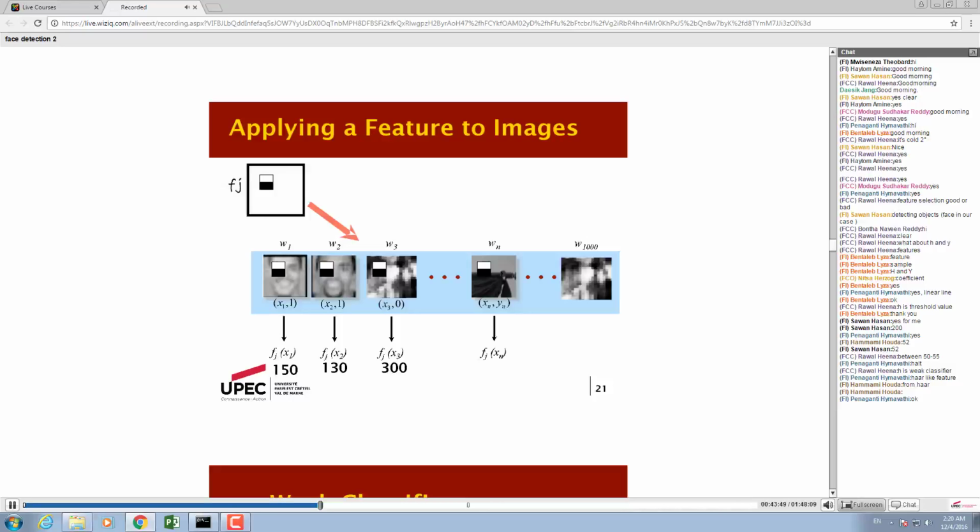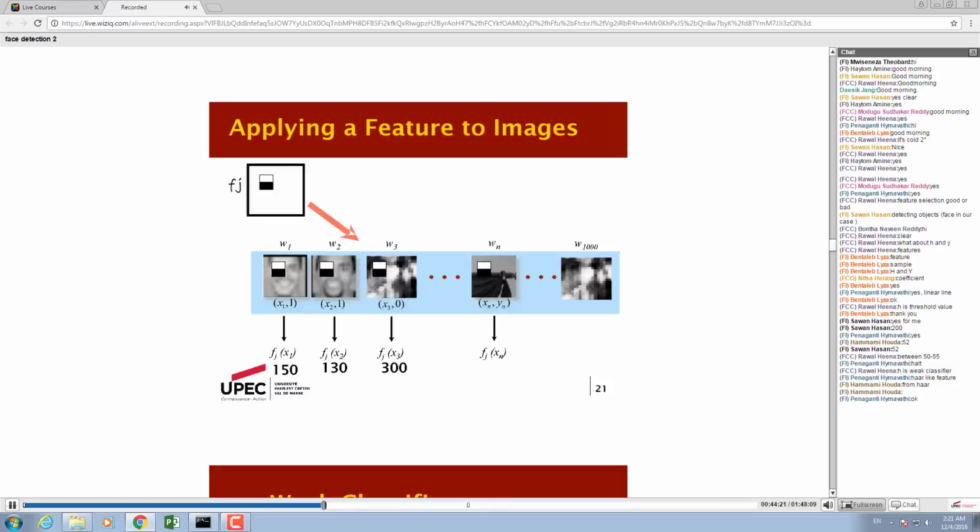This slide explains how to apply every feature to every sample. In the previous one, we just assumed two sample images, one positive and one negative, one face and one non-face. But in reality, we should use a lot of samples, tens of thousands.